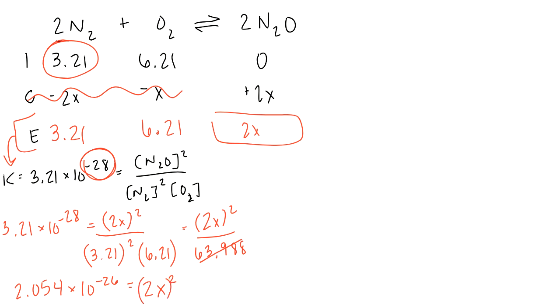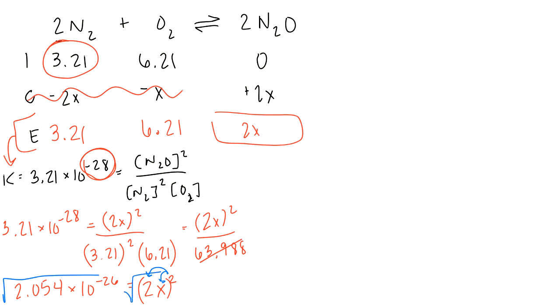Now remember that the squared is outside of the parentheses, so that squared actually gets distributed to both the 2 and the x. We could solve this two different ways. We could either take the square root of both sides to get rid of that square, or we could distribute that 2 and go from there. I say let's go ahead and take the square root.